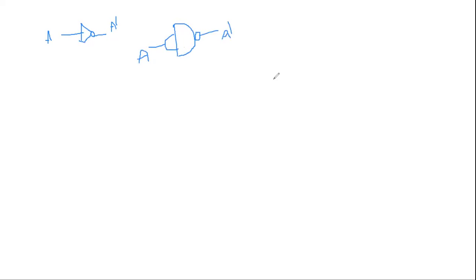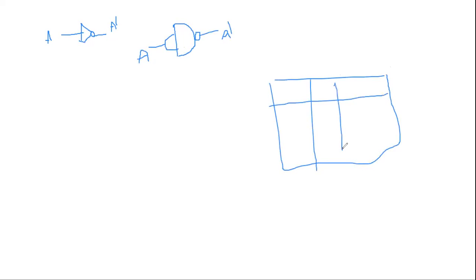Why? Let us check the truth table of the NAND gate. What is the NAND gate truth table? 0 0, 0 1, 1 0, 1 1. Output 1 1 1 0.